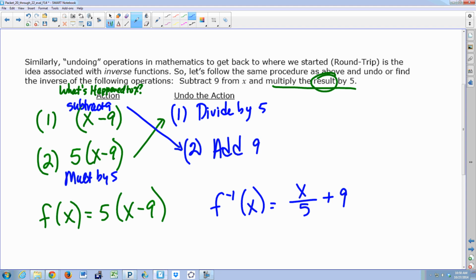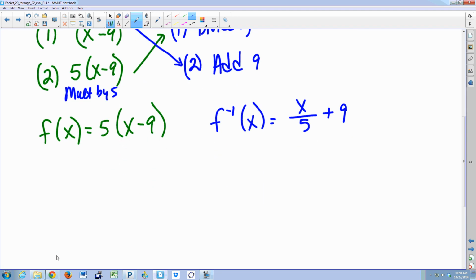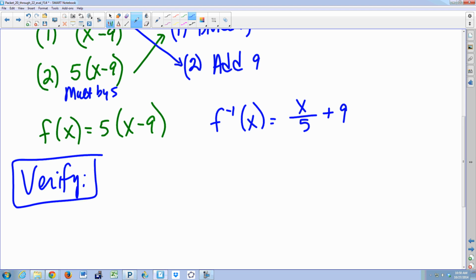We've just done it. How do I verify this? How do I know if I did everything correctly? So on your test Friday, you can do your own check. If I ask you to find an inverse of a function, you can do your own little check. You don't need me to grade it to see if you did the right thing.